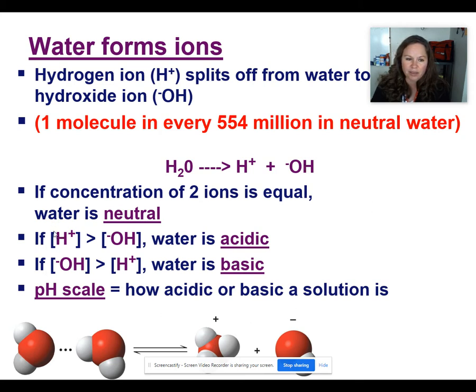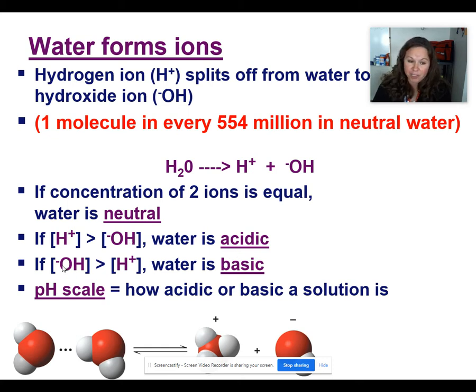Down here, these brackets mean concentration of. When the concentration of hydrogen ions, though, is greater than the OHs, we say the water is acidic or the solution's acidic. So for instance, like in vinegar and orange juice, there's more H's running around than there are OHs.